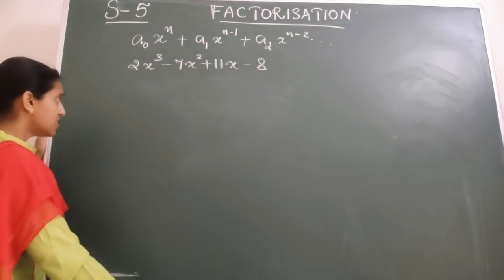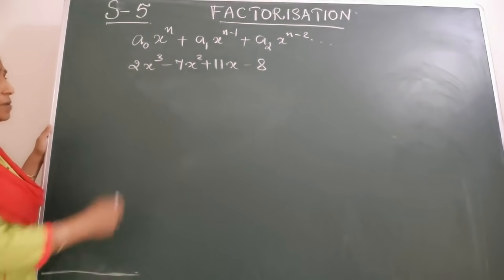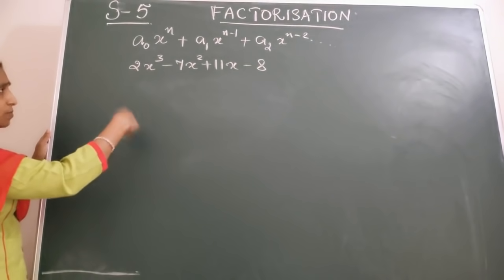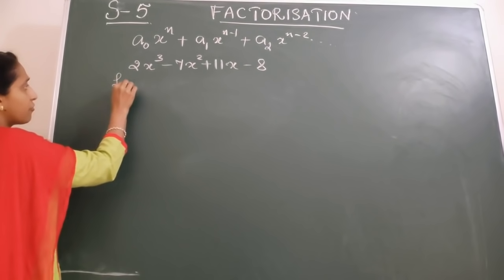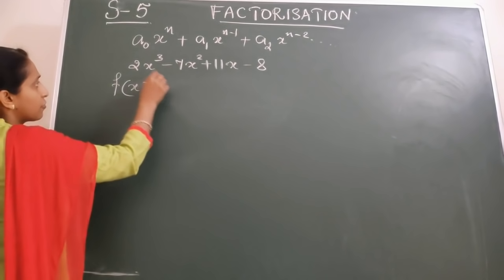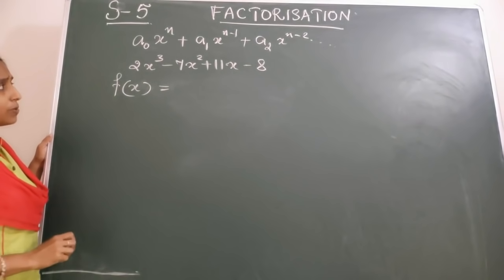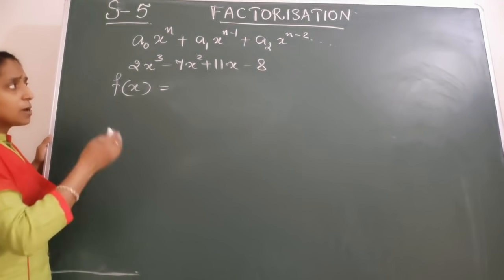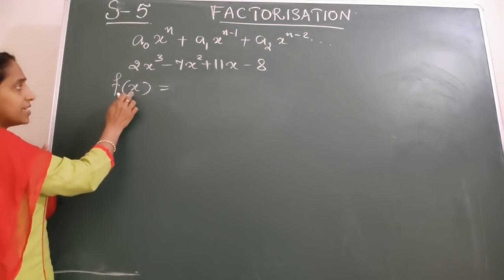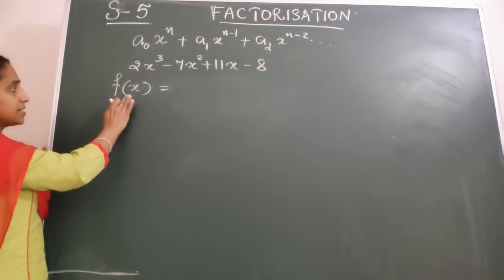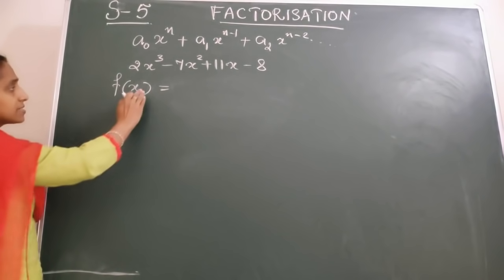Now, generally, if you have a polynomial, you can denote it by a notation, that is f of x equal to 2x cube minus 7x square plus 11x minus 8. That means this polynomial is indicated with the general variable x.